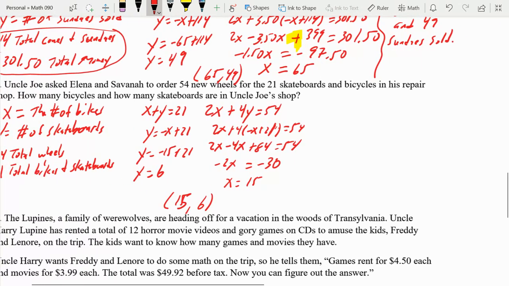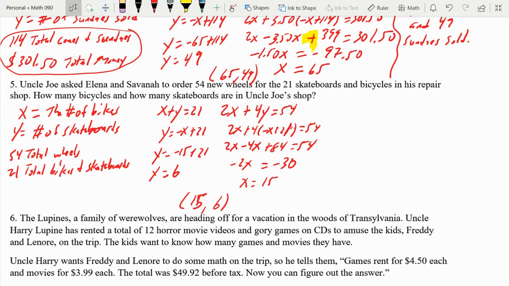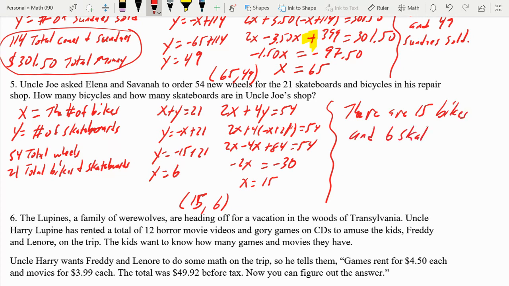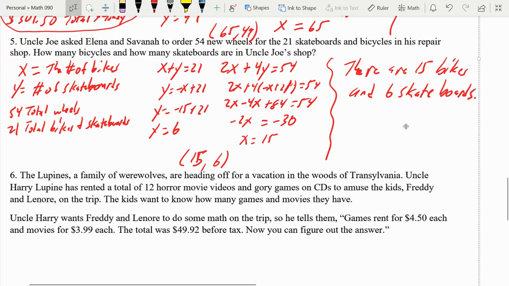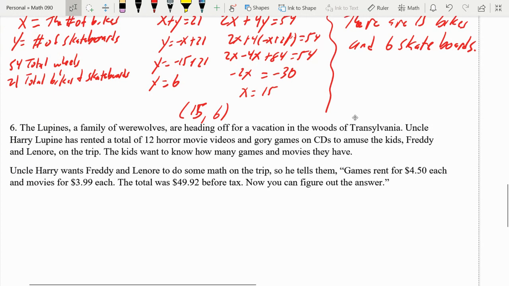Oh, sorry guys, I have no idea what just happened there. All right, now write it in words. Oh, I already said it, but let's write it down. There are 15 bikes and 6 skateboards.